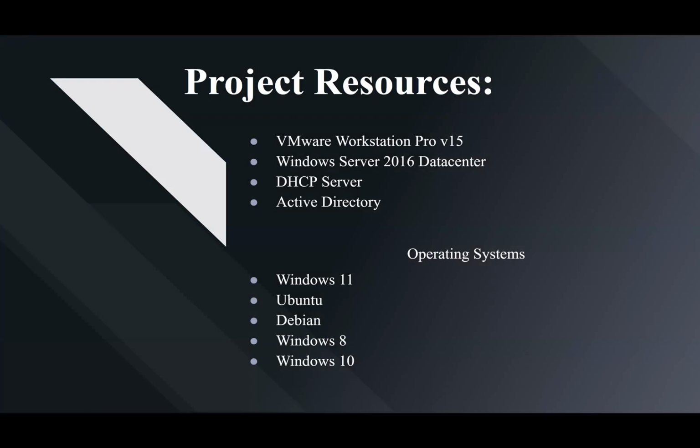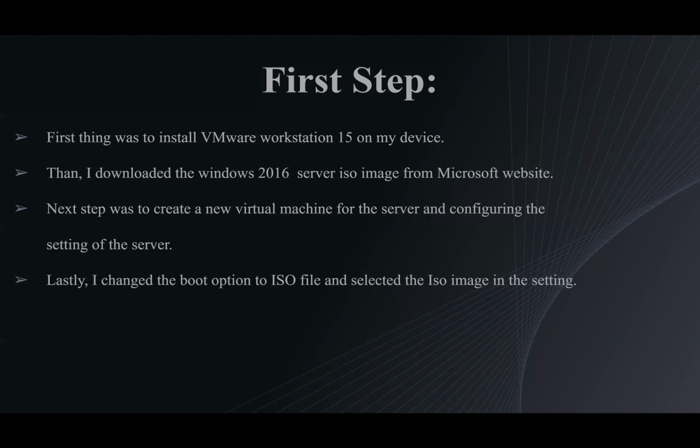The resources I used were VMware Workstation Pro, Windows Server 2016, DHCP Server, and Active Directory. I used different operating systems for making different user accounts: Windows 11, Ubuntu, Debian, Windows 8, and Windows 10.